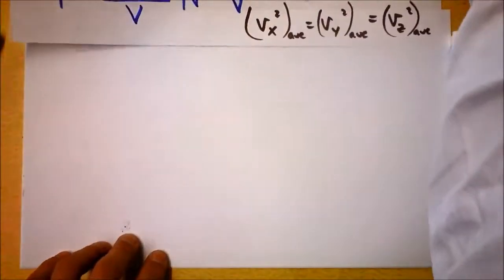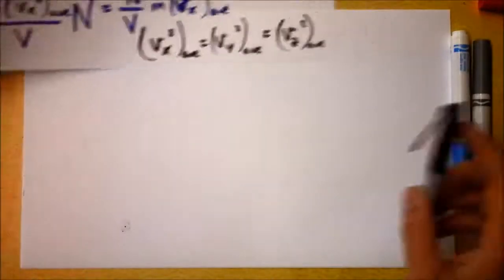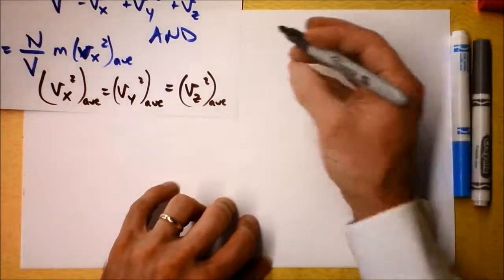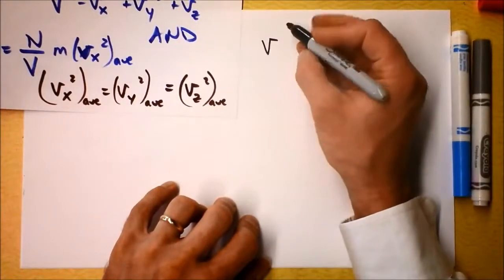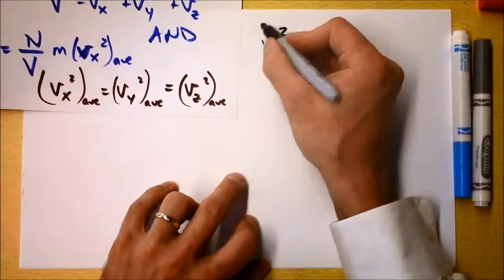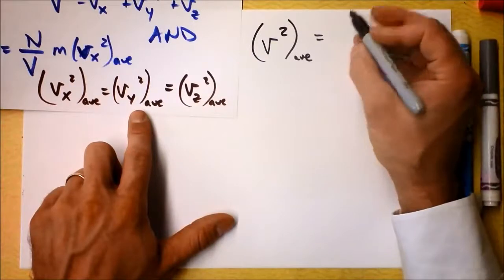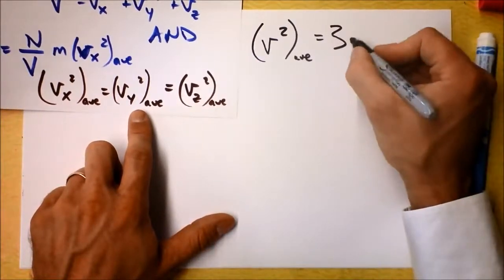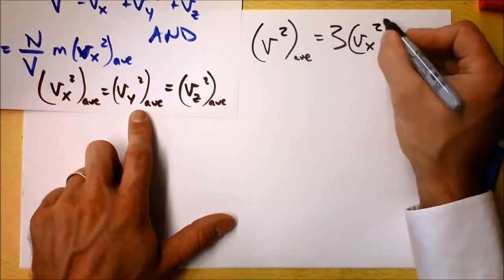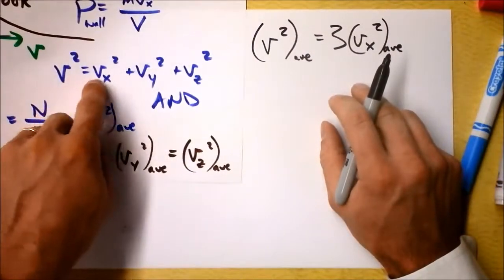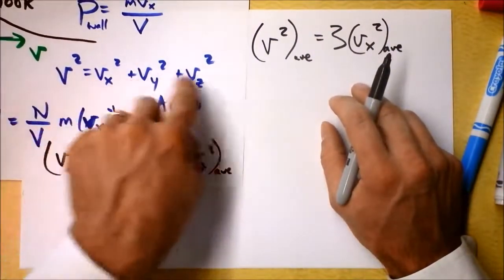So I'm going to take this equation right here and write down that V square, the total speed squared and then averaged, would be equal to 3 times Vx square average, because they're each the same and because the V square is the sum of all of those.